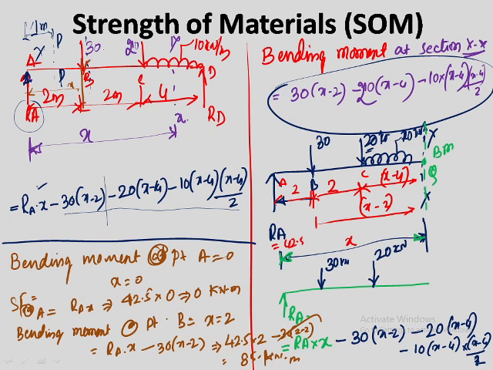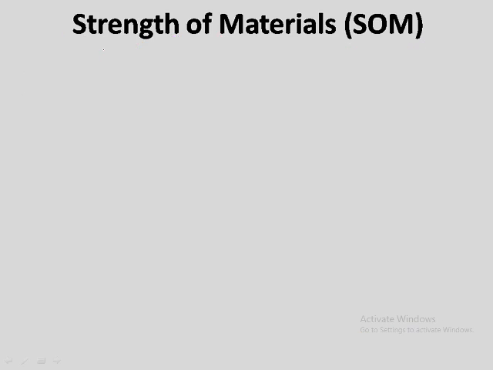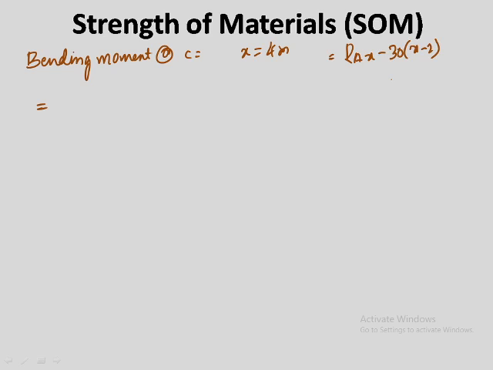Right. Now let us go for the bending moment at point C, that is x equal to 4 meter. So what is the equation here? RA into x minus 30 into x minus 2, minus 20 kilonewton into x minus 4.